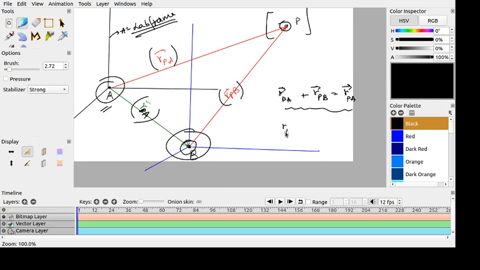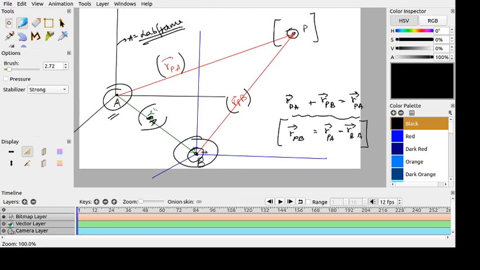The position of the particle as seen by B is equal to the position of the particle as seen by A minus the position of the observer as seen by A. Very simple equation. This equation tells you that if you want to find the relation between the observation made by an observer and your observation, which is the lab frame observation, all you have to do is follow this equation.